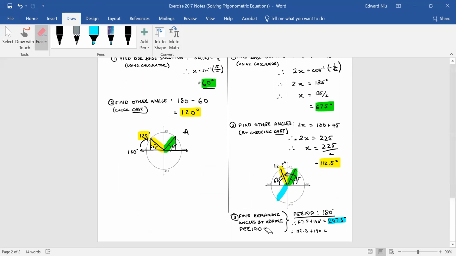This all looks too messy. So 112.5 plus 180, I guess that's 292.5 degrees. Okay, and then that means this one here.